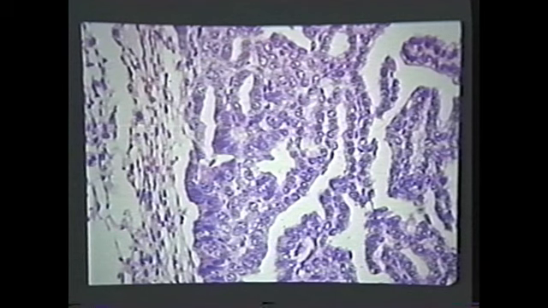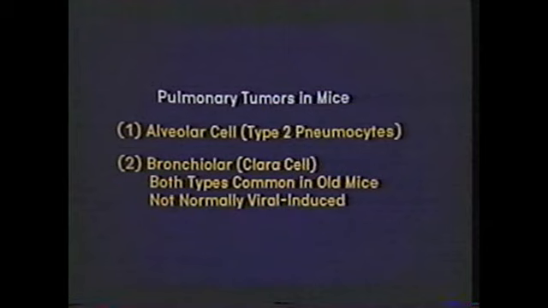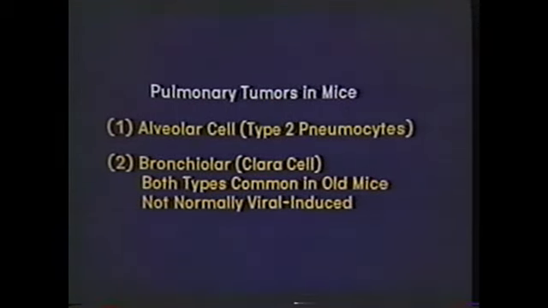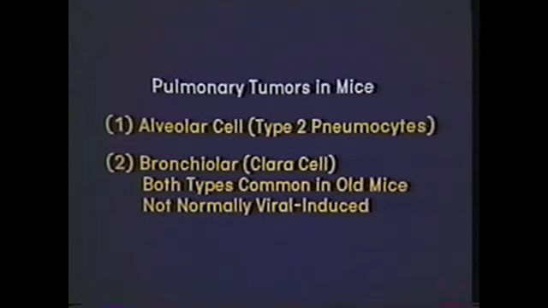In contrast, the alveolar cell tumors tend to line alveoli and tend to be low cuboidal in appearance on H&E staining. So just to emphasize, the two types of pulmonary tumors in mice are the alveolar type, which appear to arise from type 2 pneumocytes, and the bronchiolar type or Clara cell type, and both types are common in old mice, and they're not normally virus associated.